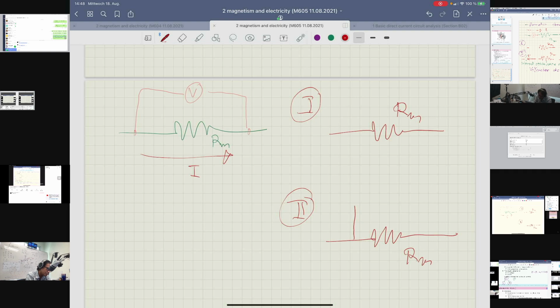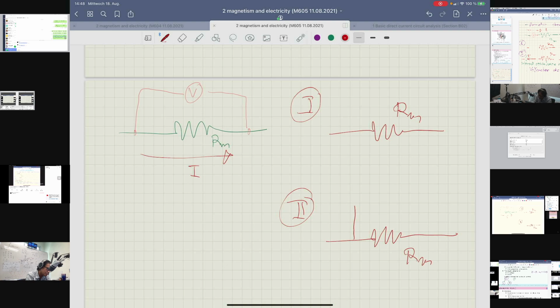But when you have an additional resistor like this, in parallel to the original resistor, it means that your total resistance is going to be r in parallel to Rm, which is small r times Rm divided by small r plus Rm.